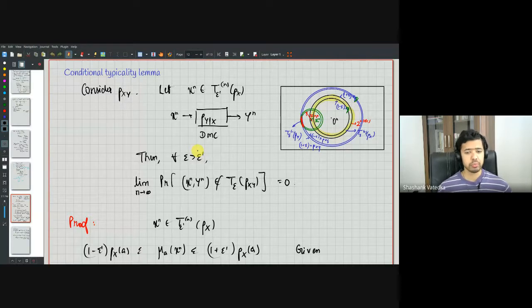We'll see that this probability is actually vanishingly small, and we'll try to characterize how small it can be. Because ultimately, this is what will help us in deriving upper bounds on the probability of error for various channels and for various sources. Before we proceed, are there any questions?